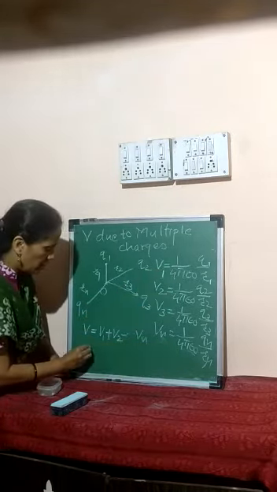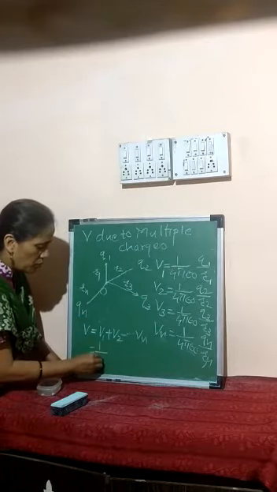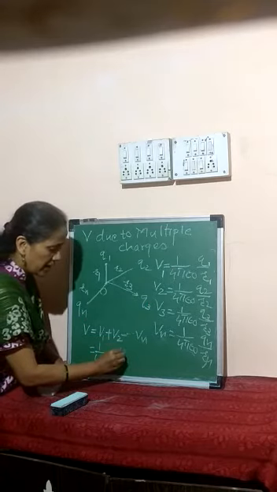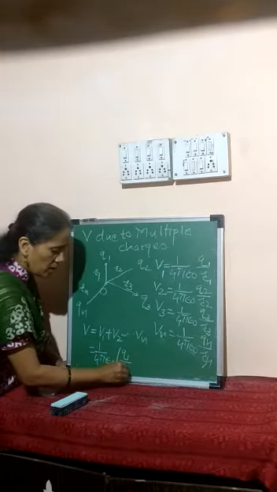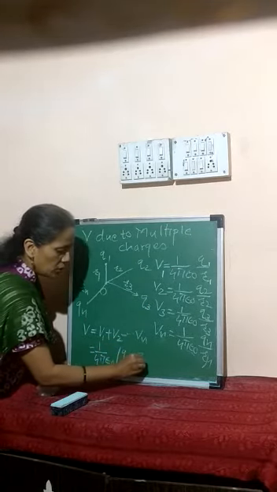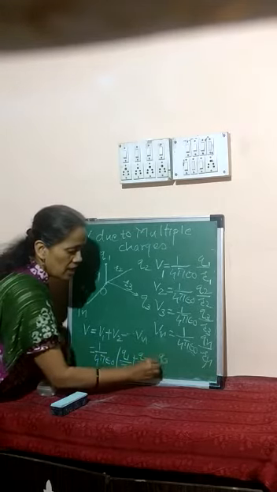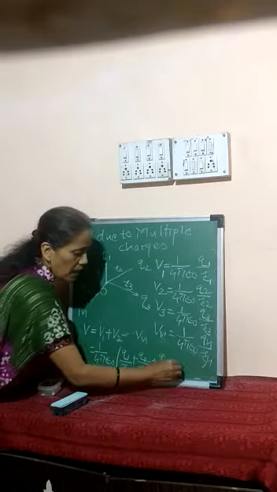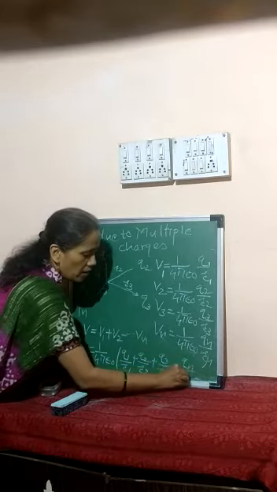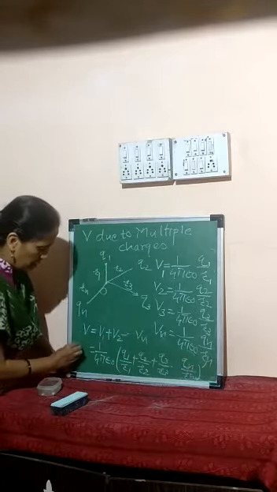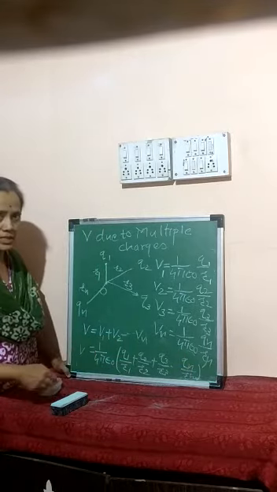So inside the bracket, I can write Q1 upon R1 plus Q2 upon R2 plus Q3 upon R3 up till Qn upon Rn. So this is your electric potential due to multiple charges.